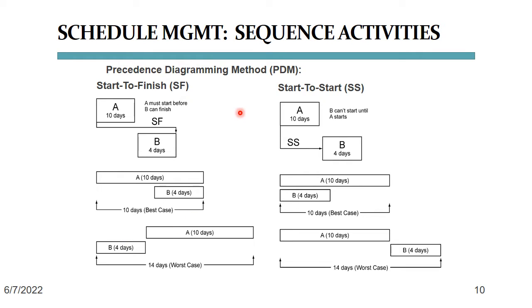Lastly, if we're using start to start, task B cannot start until A has started. This means that both tasks can start at the same time, best case, but worst case, A can start and even finish before B starts. Knowing how to make use of these four relationships is crucial when arranging tasks in an efficient schedule.